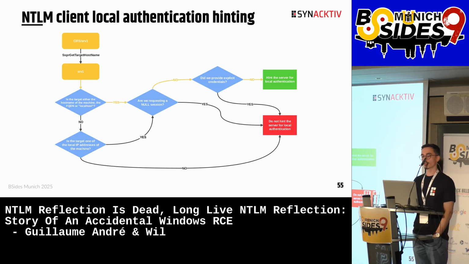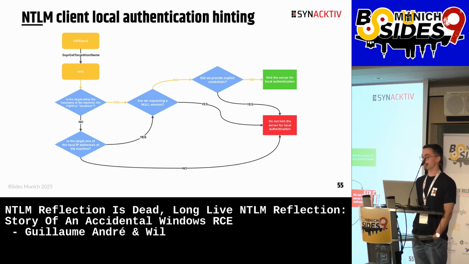But if you take another example, let's say you coerce a machine into authenticating with the DNS record with CredMarshalTargetInfo. As we saw earlier, the base64 data will be stripped off the SPN and we will only be left with CIFS/SRV1. The host part will be extracted from the SPN, so we are only left with SRV1, and now we'll go through the same series of checks. So is the target either the host name of the machine, the FQDN, or the string localhost?